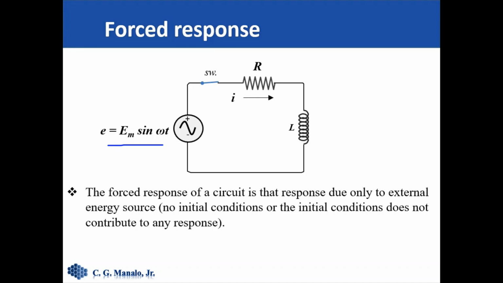Whatever response we get there is what we call the forced response. Usually we call the external energy source the forcing function because it forces a response on the circuit regardless of whether there is an initial energy stored in the elements.